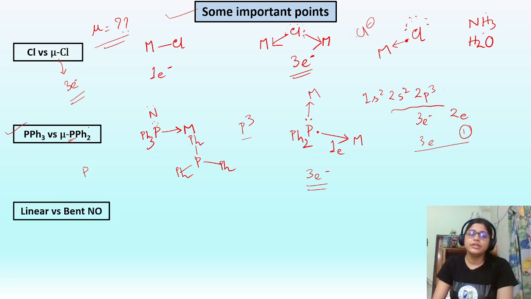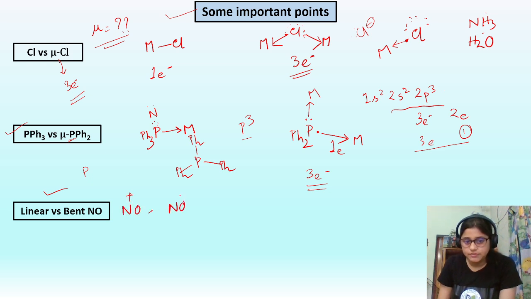Fine. Now linear versus bent NO. So the NO ligand can be attached to a metal in two ways, via NO plus and NO minus. For the case of NO plus, the bond order is 3 and it is linear.